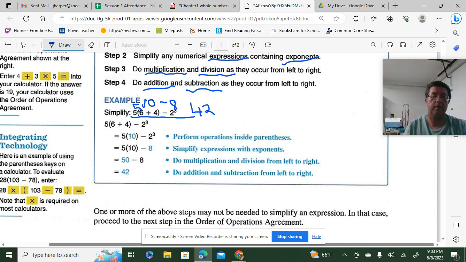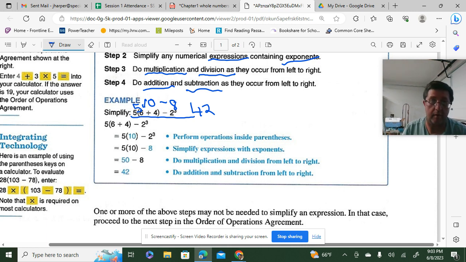Now, the cool thing is, you guys have scientific calculators. If you were to put this into your scientific calculator, let's make sure that, oops.